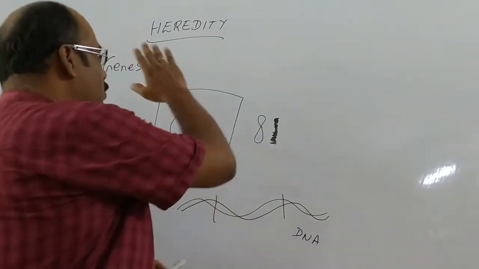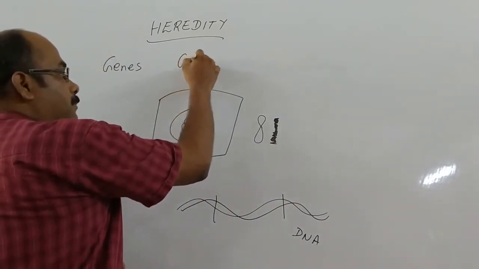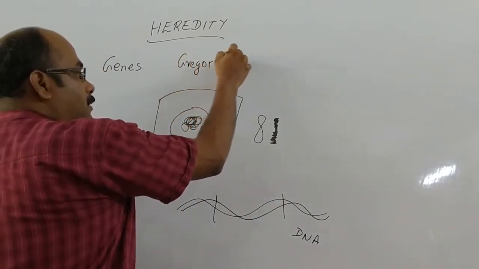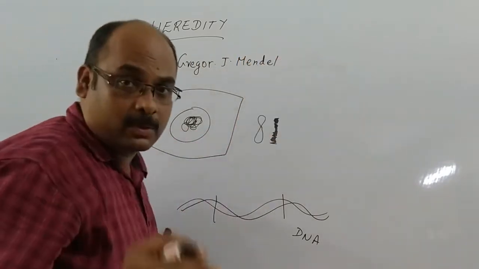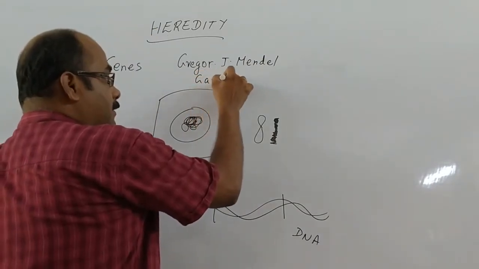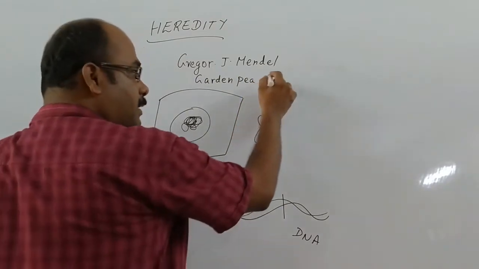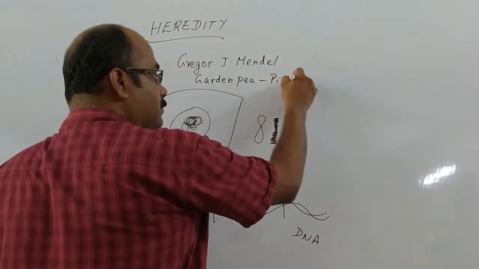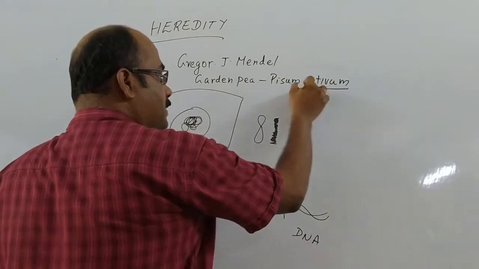Okay. Now who discovered this? It is Gregor Johann Mendel. For that he did some experiments on some organism. It was the garden pea plant, and you have to study its scientific name, that is Pisum sativum.